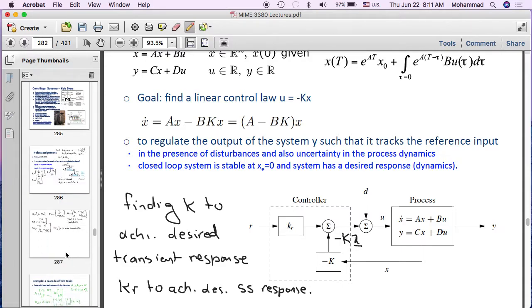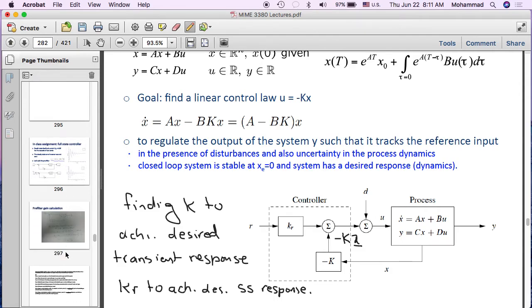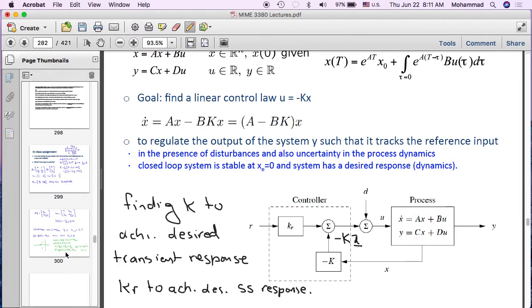So my question to you still stands. The question I have for you is, how do we find k and kr? What is the next step in design?